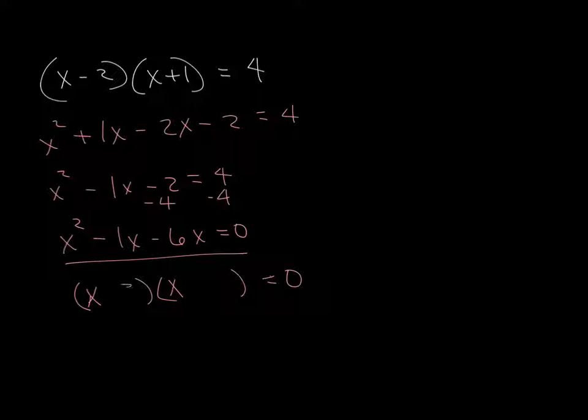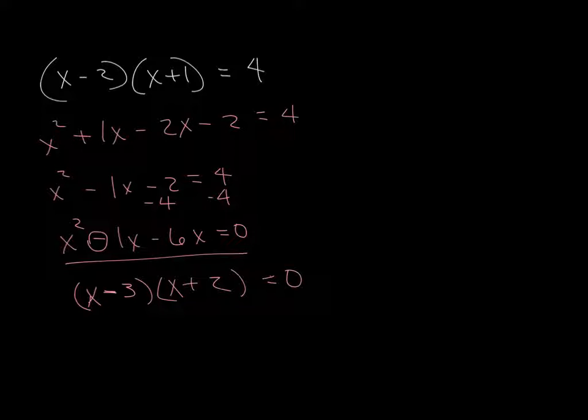So I'm just going to put a 3 and a 2 in there, and because this is negative, my largest number has to be negative. Now what is going to be on here? Well, negative 3 times positive 2 is negative 6, so this is going to be a positive. And negative 3 plus 2 is negative 1, so I know I'm okay there.